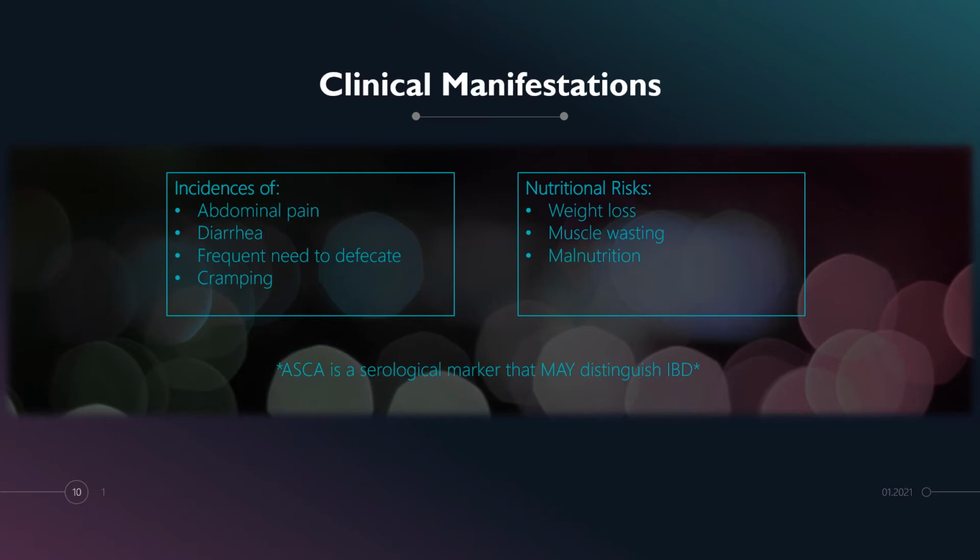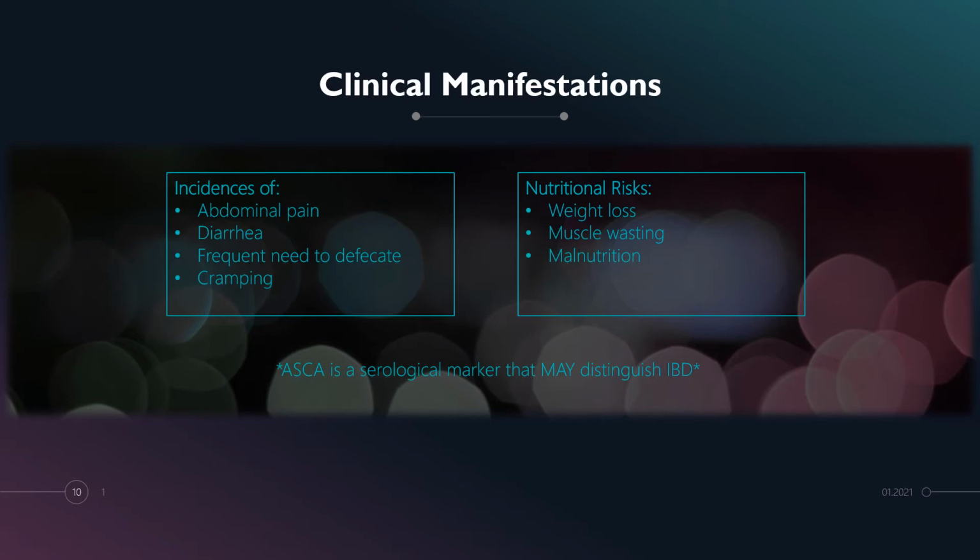As I mentioned in the previous slide, usually Crohn's disease has some sort of small intestine involvement. Because of this, patients who have Crohn's are more likely to be at some sort of nutritional risk. This can be things like weight loss, muscle wasting, and malnutrition.